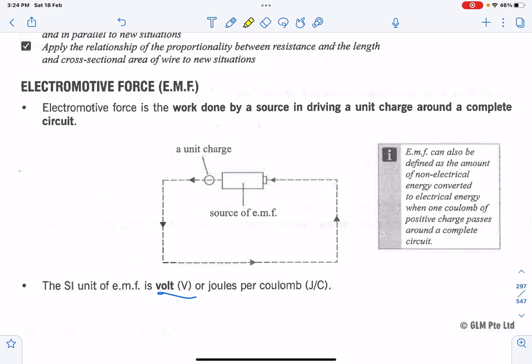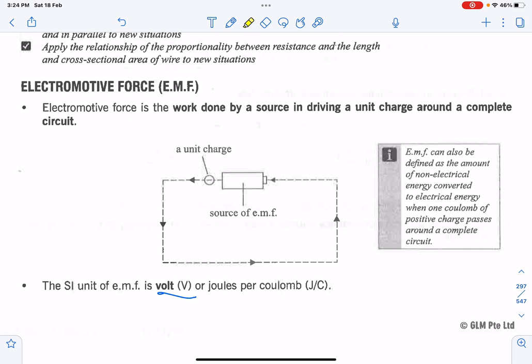Next, we look at electromotive force. So electromotive force is the work done by a source in driving a unit charge about a complete circuit. Now a lot of you may have the confusion that isn't it voltage. The difference is that electromotive force is driven by a source around a whole circuit, not part of the circuit but the whole circuit. And it's work done.